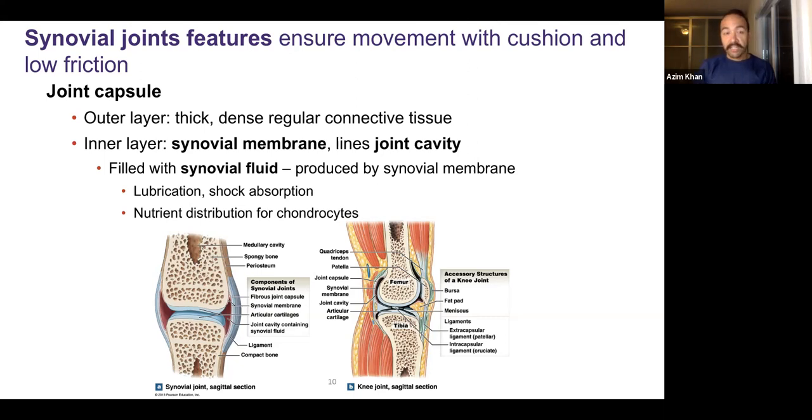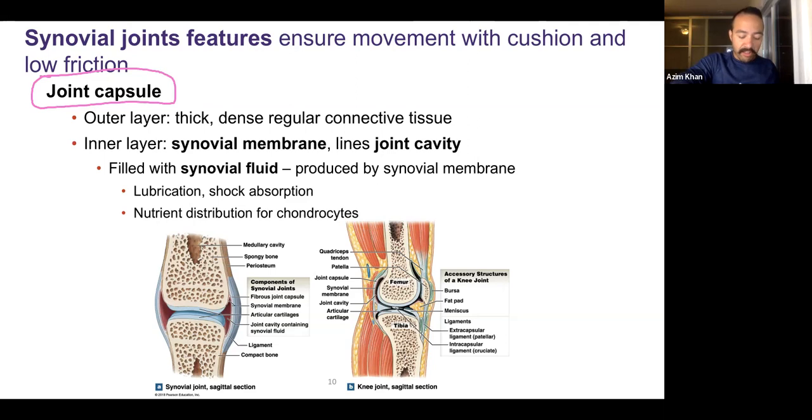So starting on slide 10, the first structure that we'll be talking about that we find at synovial joints are joint capsules. A joint capsule is an encapsulated space. That's where capsule comes from. A capsule means a surrounding container.